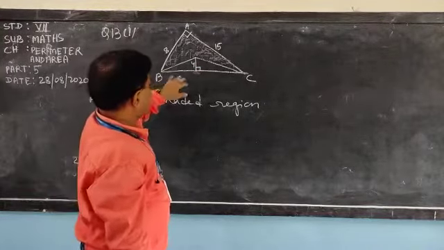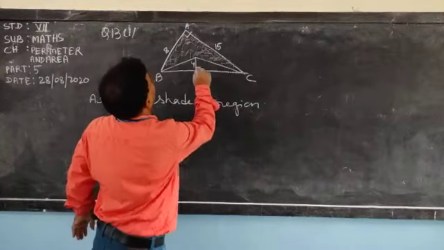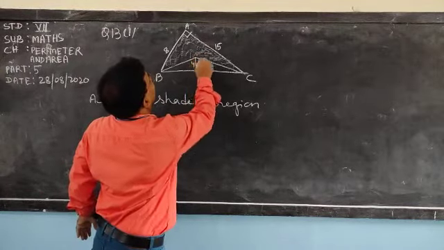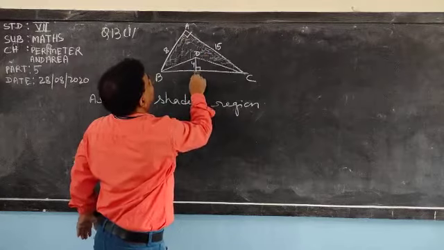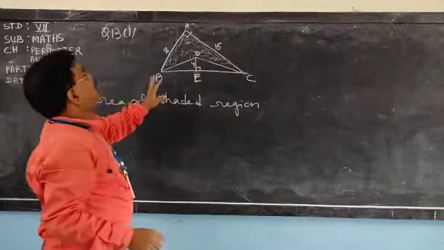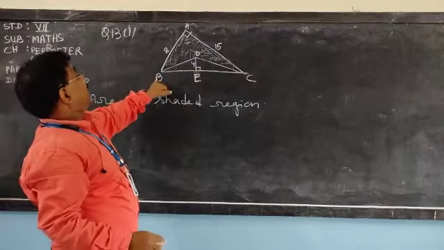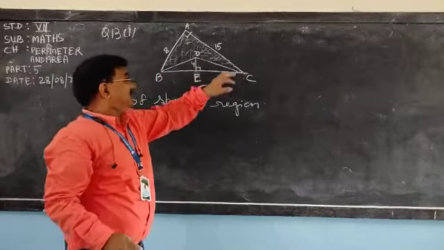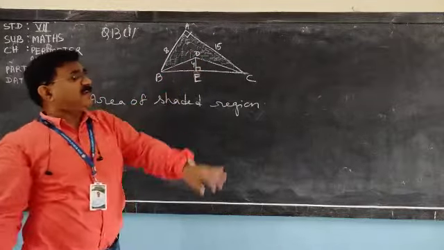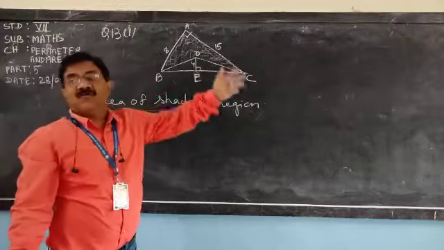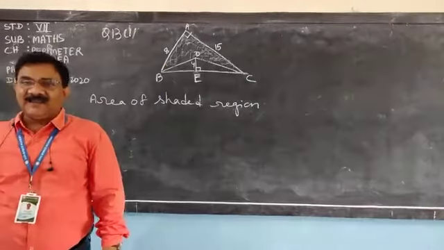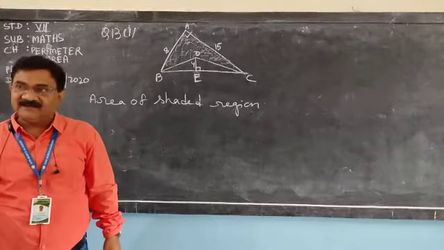Let me write DE. Listen, if we remove the area of triangle BDC from the area of triangle ABC, we can get the area of the shaded region.